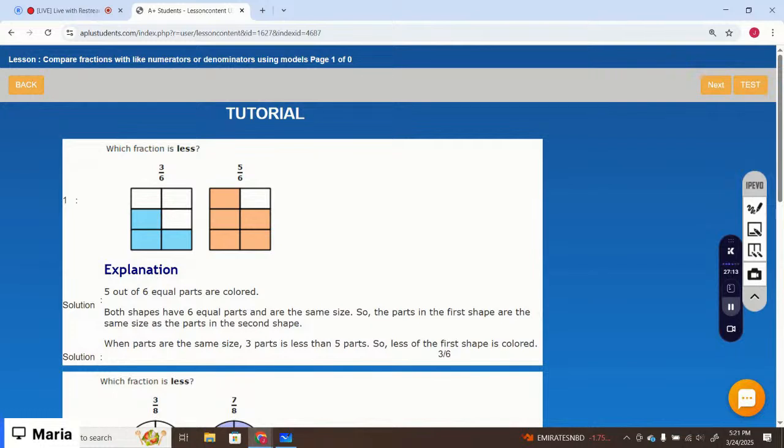Which fraction is less, 3/6 or 5/6? So 3 by 6 has the smaller portion colored. So 3 by 6 is the lesser fraction.